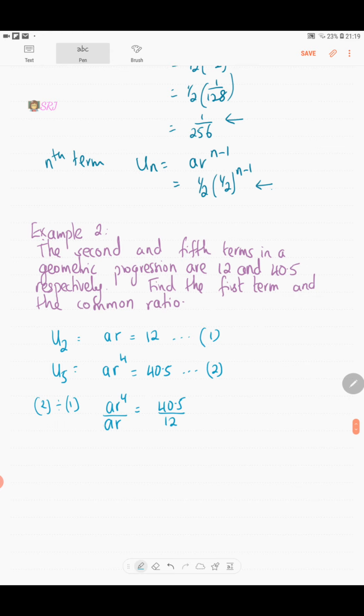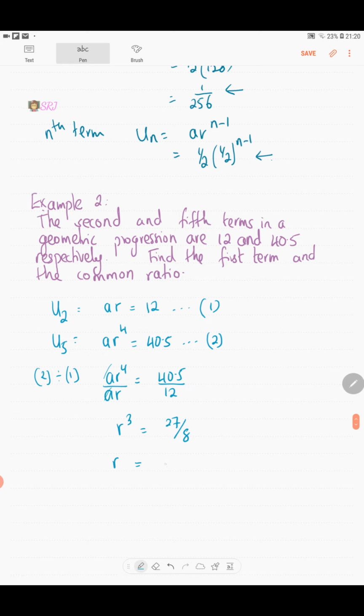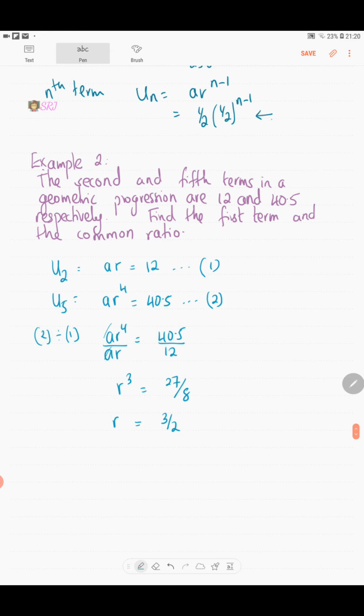When doing so, the a cancels out and we remain with r^3 equals 40.5 divided by 12. So this is 27 over 8. And we take the cube root of 27 over 8. We obtain the common ratio r as 3 over 2.